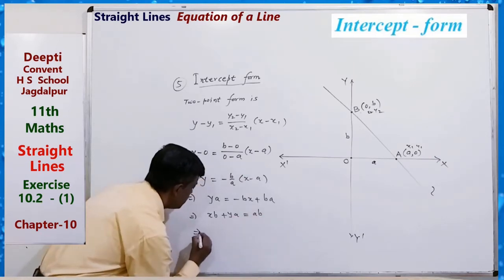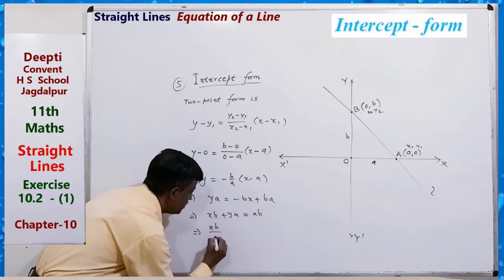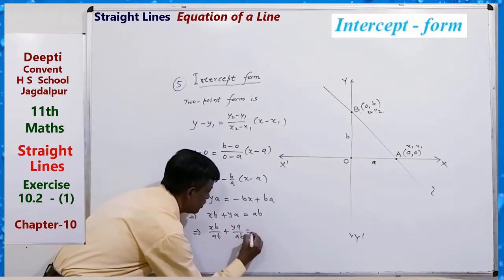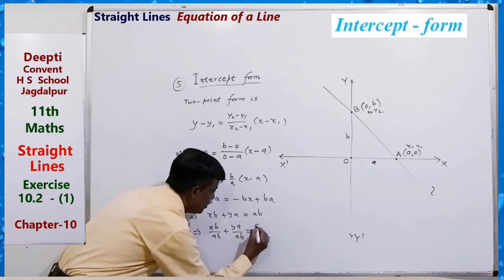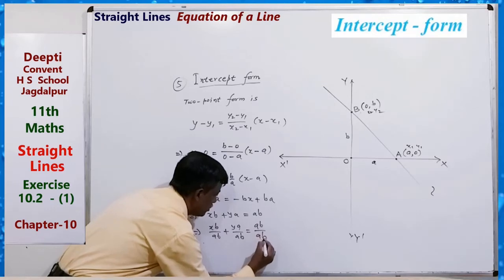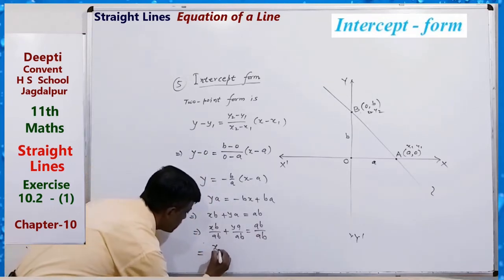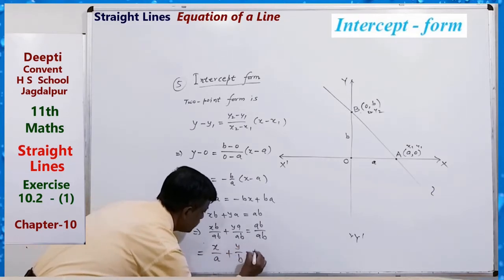Just divide by ab on both sides. xb by ab plus ya by ab equals ab by ab. Then we get x by a plus y by b equals 1.